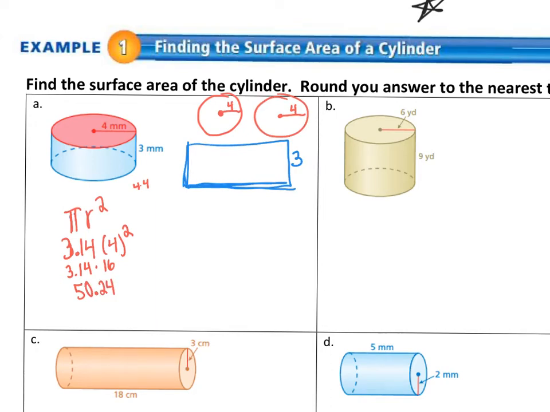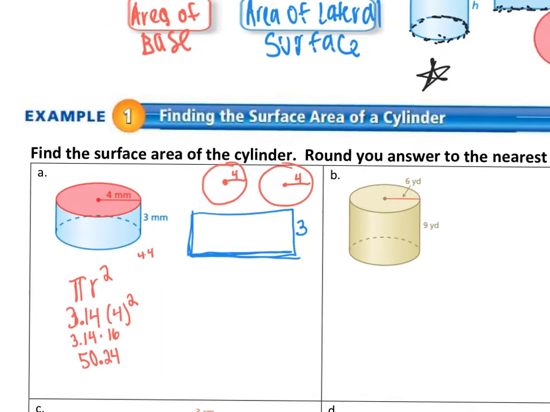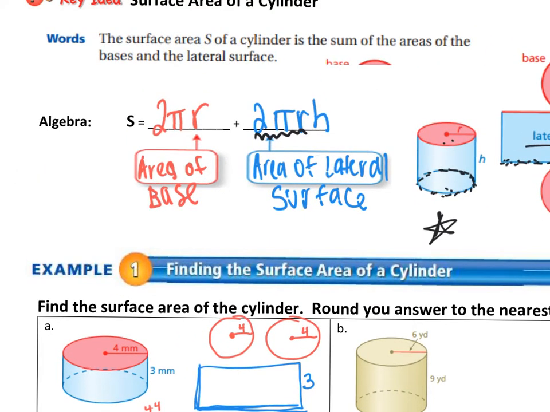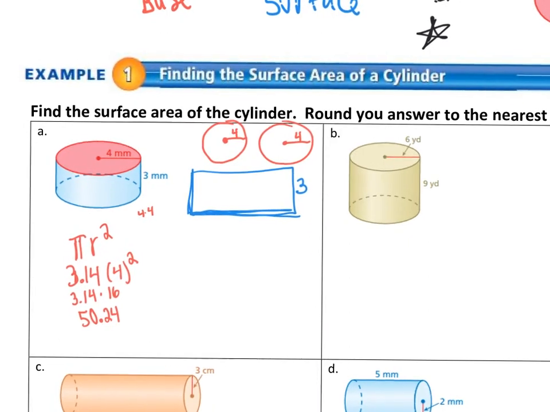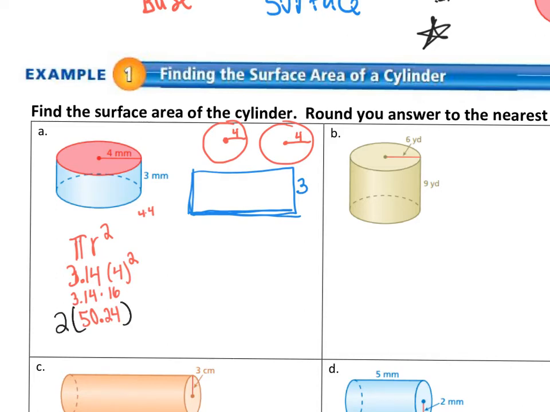I did not multiply this by 2, which is in our formula up here yet, so I just found the area of one of the circles. Now I am going to multiply that by 2 to get 100.48 for the surface area of my 2 circles put together.